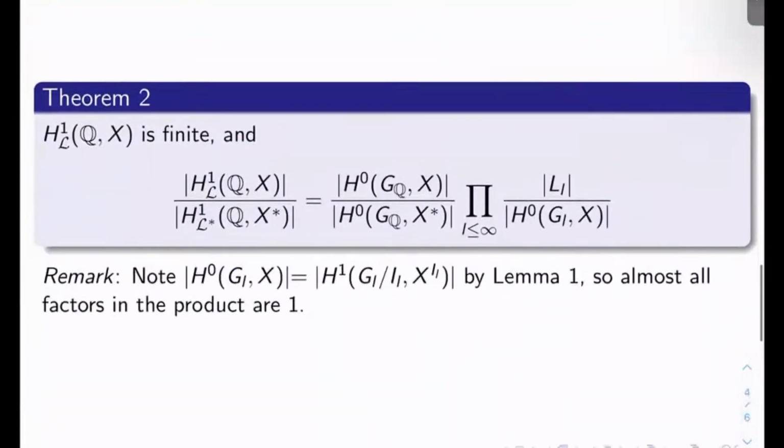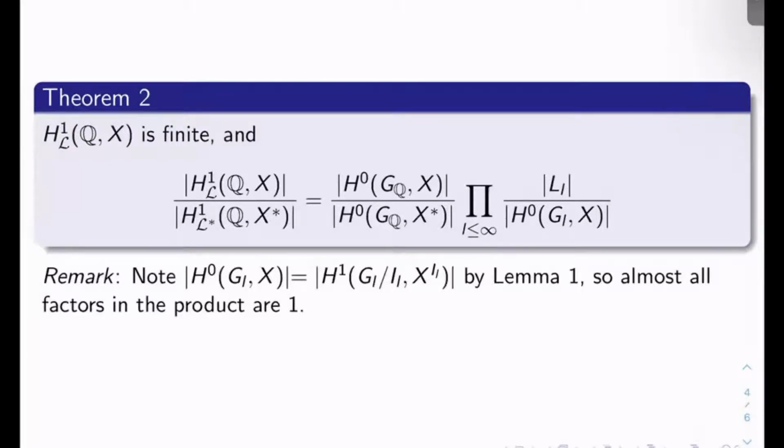Okay, so here's a crucial result. This is used in Wiles' proof, and we will use this. We have used this whether or not you realize it. Theorem 2. It turns out that if L is a collection of local conditions, then H^1_L(Q, X) is finite always.